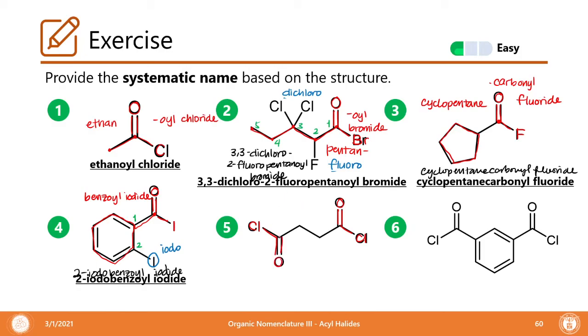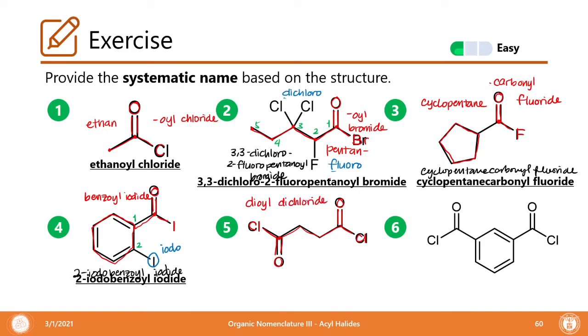It's connected to a linear chain, so we can use -dioyl. However, when we add the second name, which is the halide that our acyl halide is composed of, we also have to add a di to our halogen, so we have dichloride.